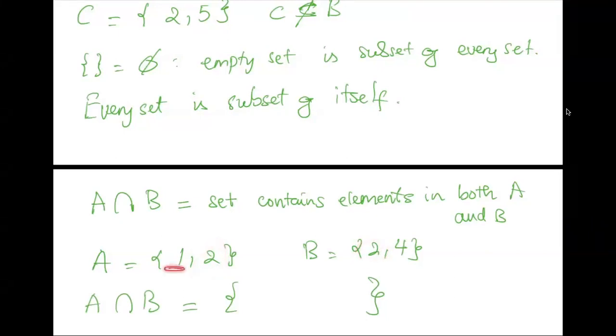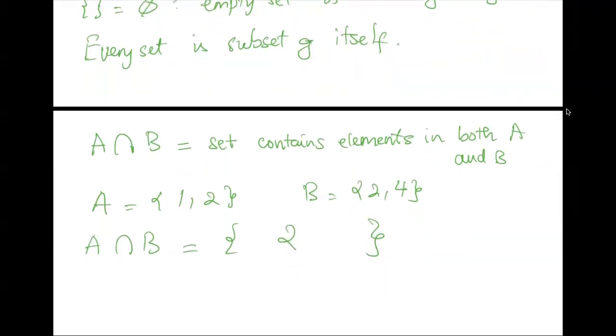Because 1 is in A, but it is not in B. 4 is in B, but is not in A. So the only common element of A and B is 2. So A intersect B will give you a set with element 2. So this one is intersect.